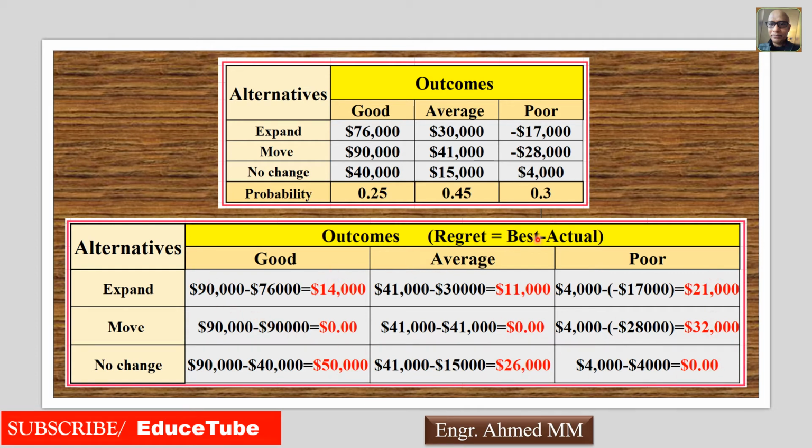How? Best minus actual. So for this column, if you look at, best is 90. So from this 90, I have to subtract these three values like this: 90 minus 76, 90 minus 90, 90 minus 40. So these are the regrets I got.